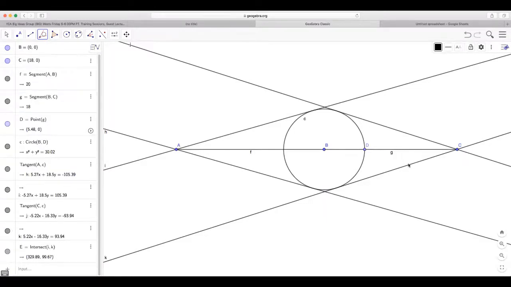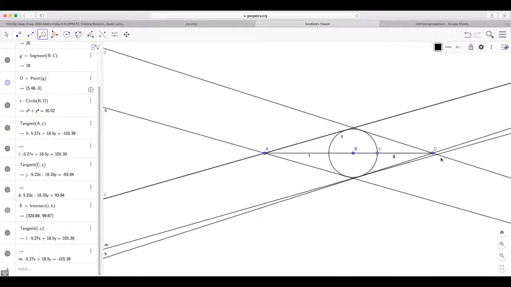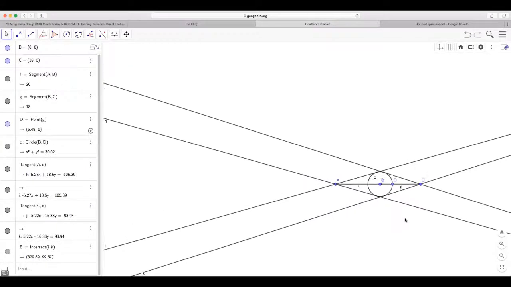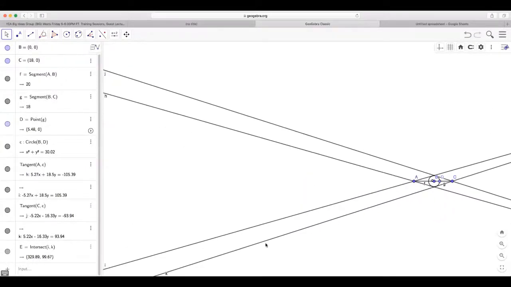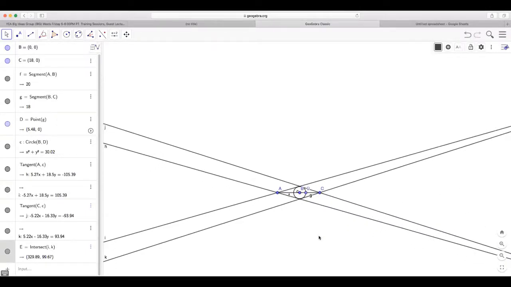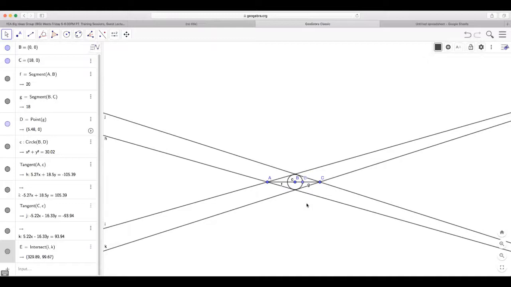Okay, that is miles away, all the way over here. And what is that length? The height is about 100.